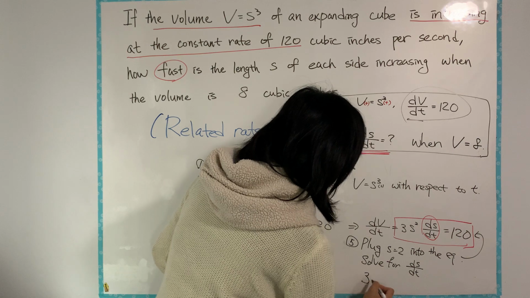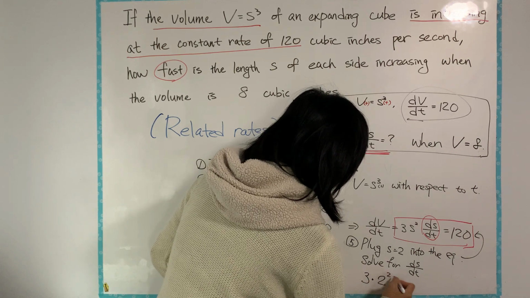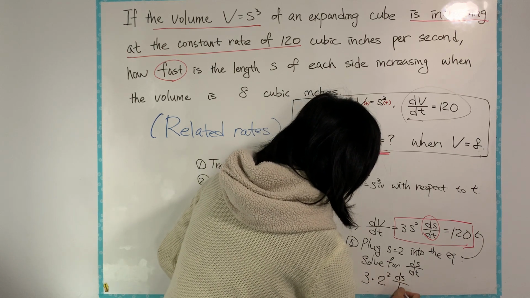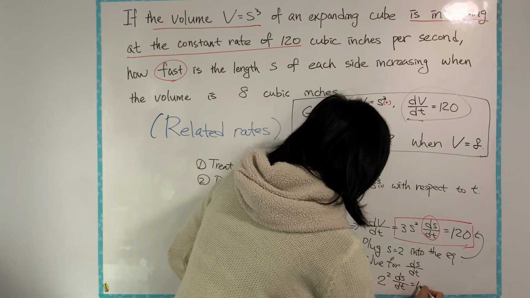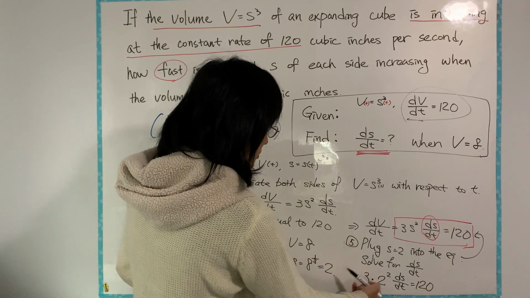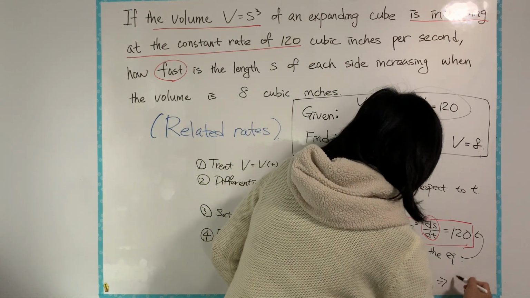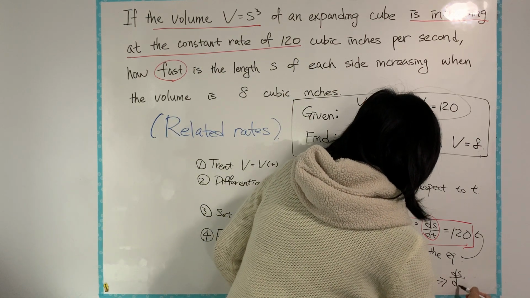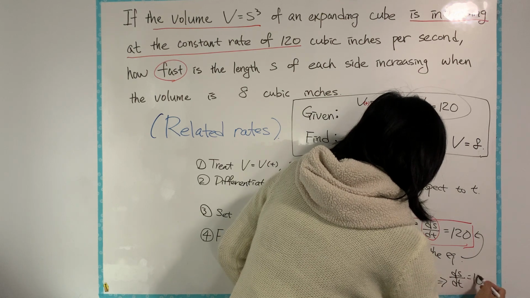We get 3 times 2 squared times dS/dt is equal to 120. So 3 times 4 is equal to 12. Simplify this a little, we get dS/dt is equal to 10.